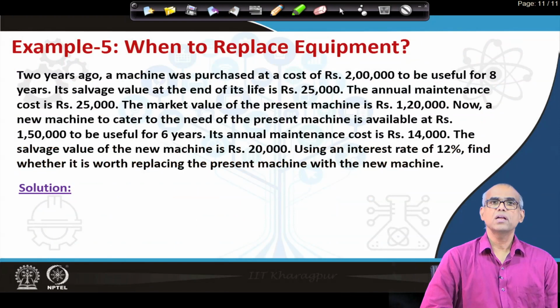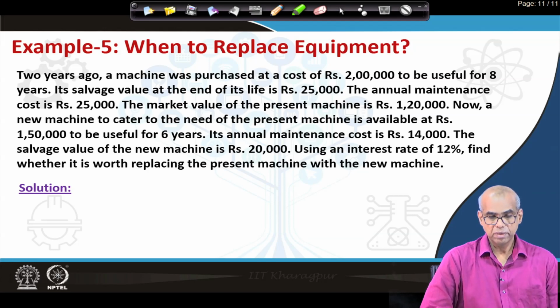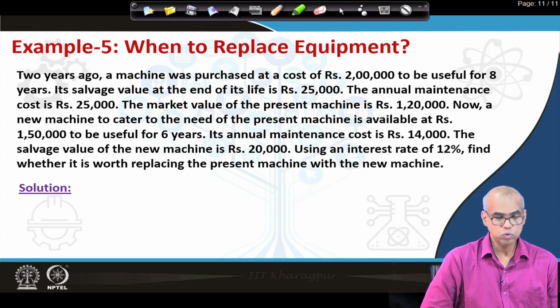Now, let us try to understand replacement analysis with the help of an example. 2 years ago, a machine was purchased at a cost of rupees 2 lakhs to be useful for 8 years. Its salvage value at the end of its life is rupees 25,000. The annual maintenance cost is rupees 25,000. The market value of the present machine is rupees 1,20,000.